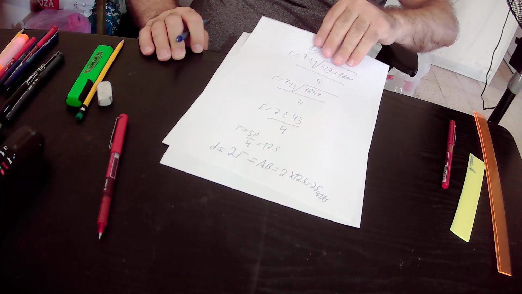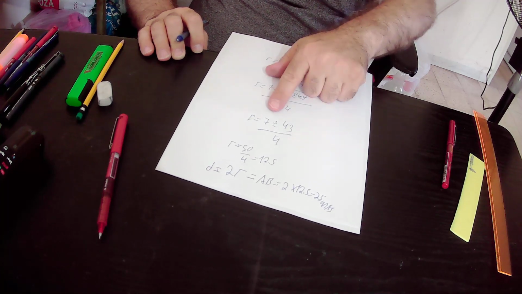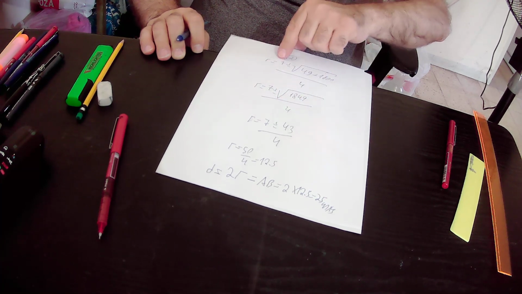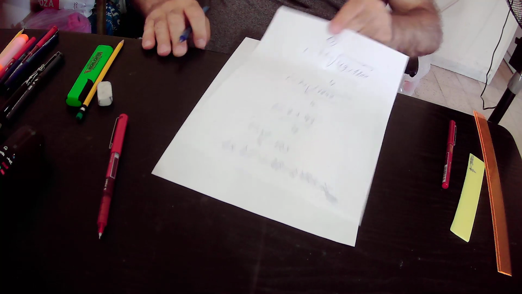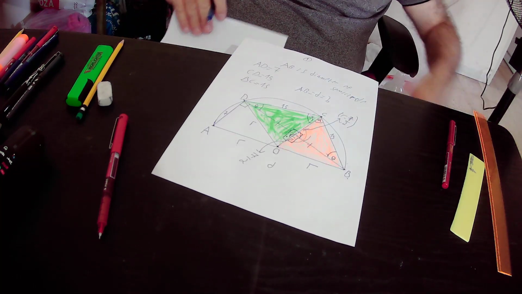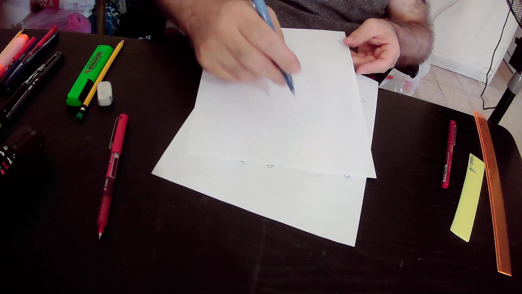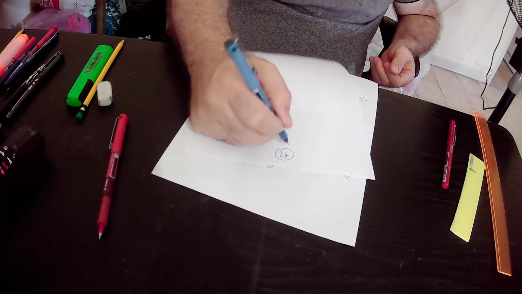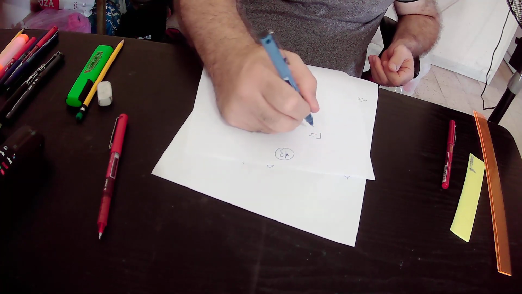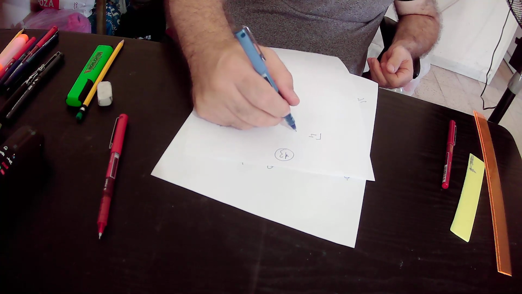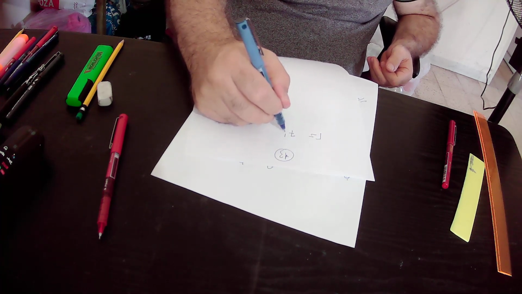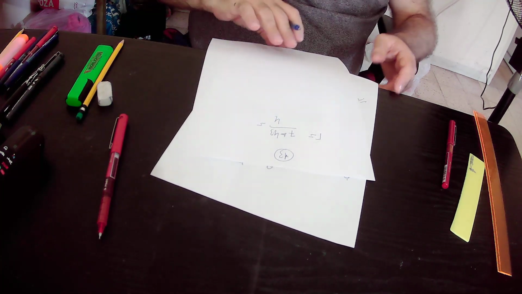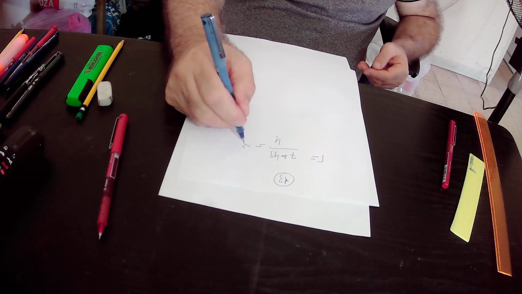But we also have the other possibility, that R can be equal to 7 minus 43 over 4. Okay, we will check if this is also a possible answer. R equals 7 minus 43 over 4. 7 minus 43 is minus 36.